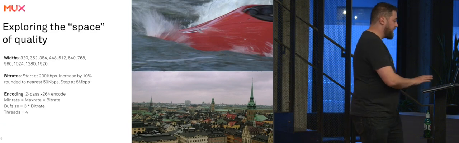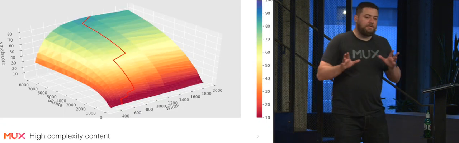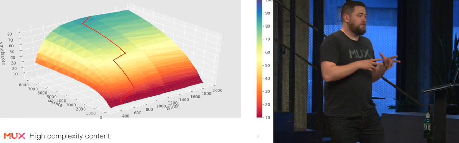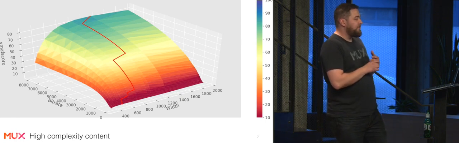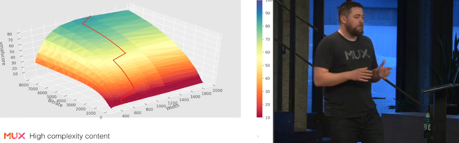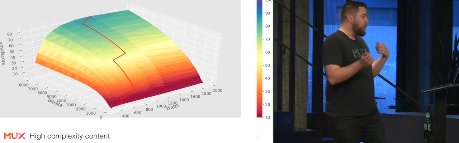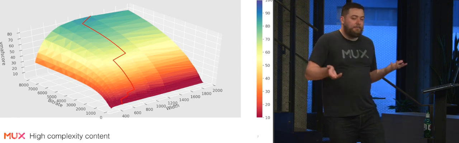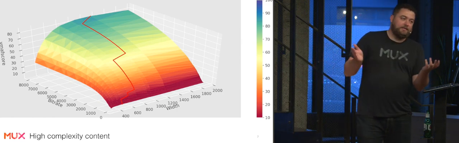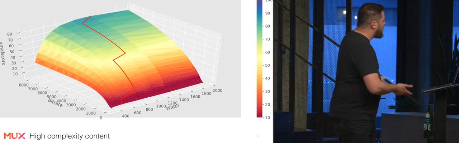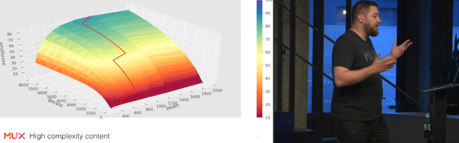So let's start with the high complexity one. I've used Netflix's VMAF score, which is the Video Multi-Method Assessment Fusion. Basically, this is really cool. It gives you a score between 0 and 100 of how well you did on your encoding, 0 being awful, 100 being great. And for this high complexity content, everything makes sense, right? Down at the dark red area, we have pretty terrible encodes.